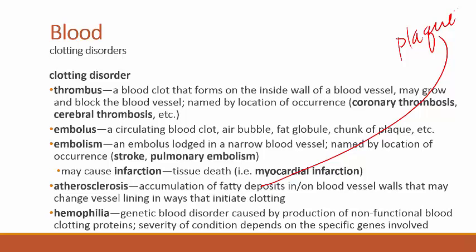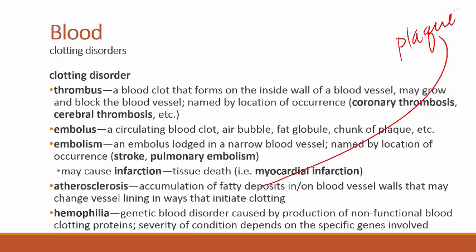And so we can cut off one of these steps. For instance, if you don't produce any factor 12, then you're not going to activate factor 11 in the intrinsic clotting mechanism.